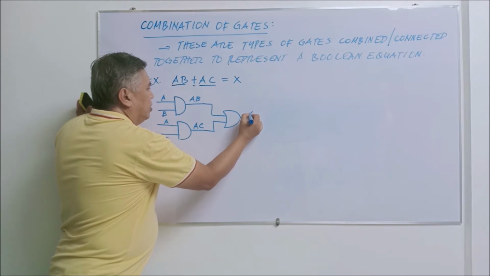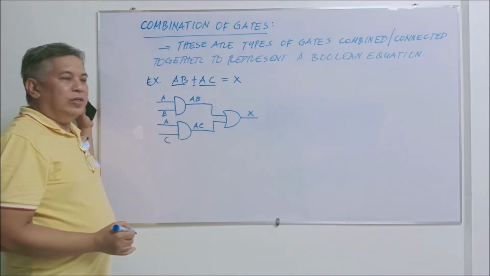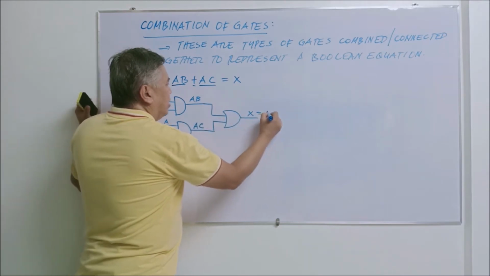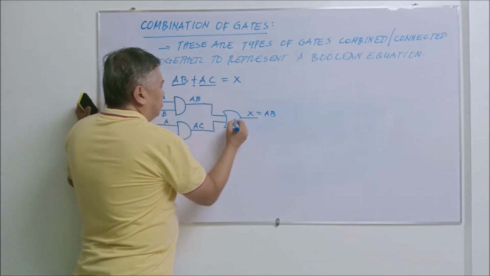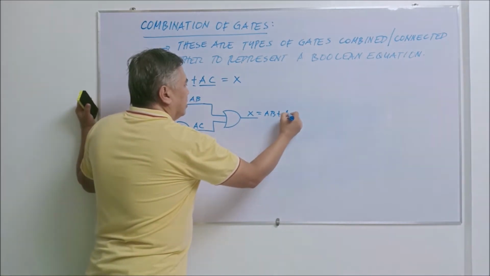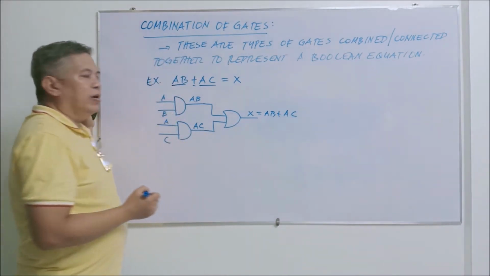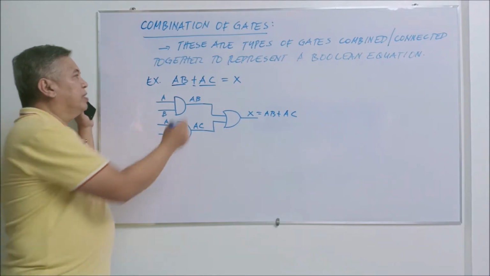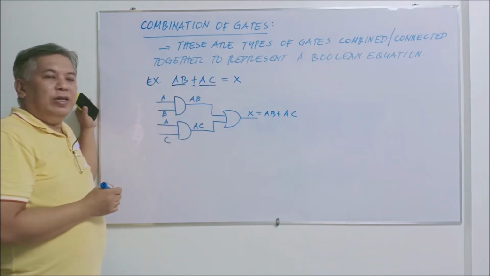That is your output X. So X here will be equal to AB plus AC. That will be our logical circuit representing this particular equation.